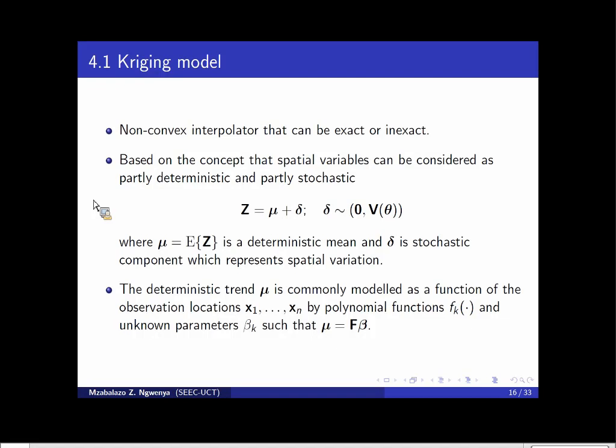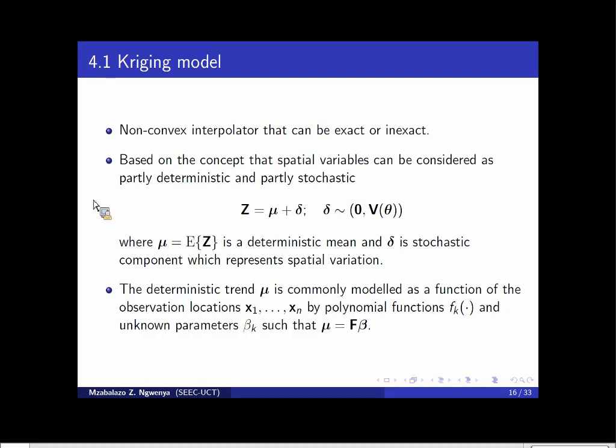So what do we note about kriging? It's a non-convex interpolator that can be inexact or exact. So it's already quite flexible. The kriging interpolator is based on the concept of spatial random variables being partly deterministic, so we've got some mean part which is deterministic, and being partly stochastic, so that is some random component.